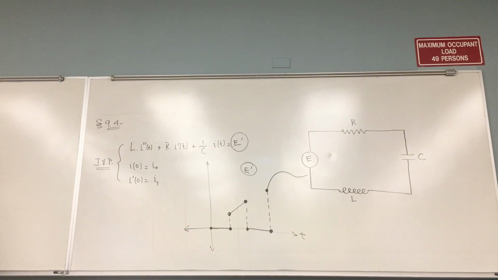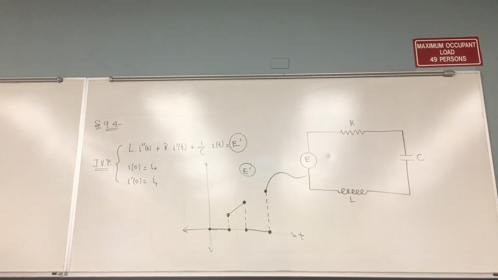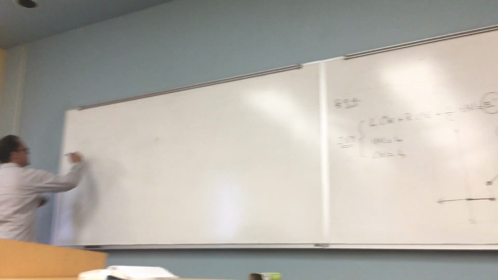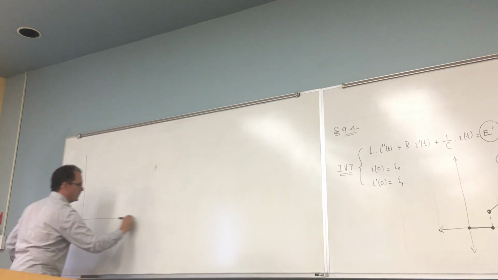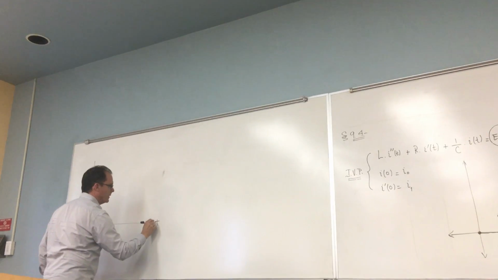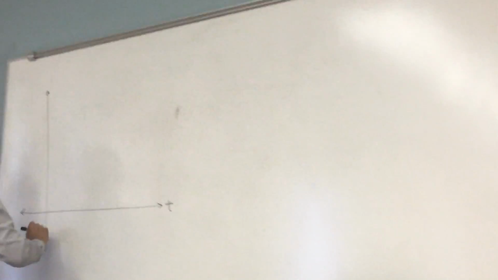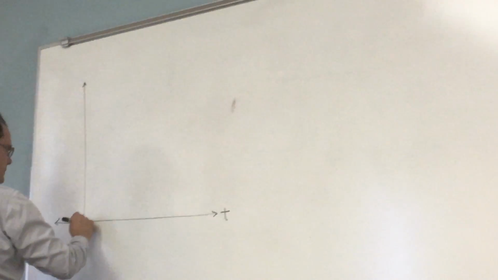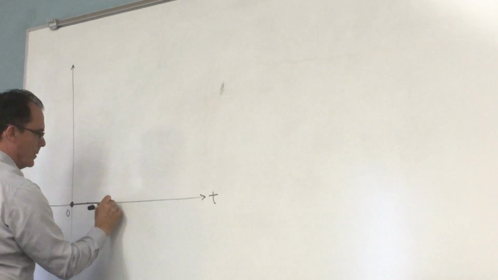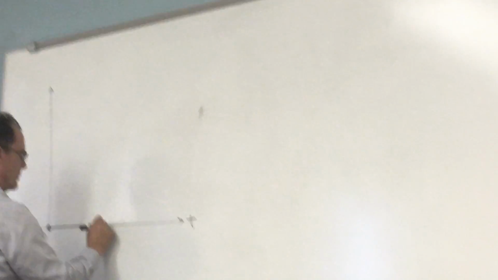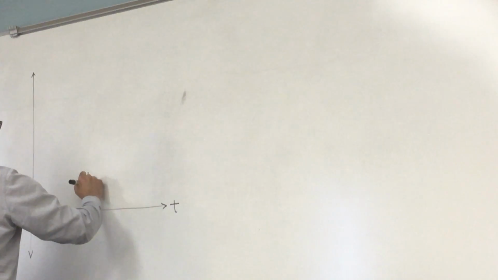So suppose, let's call this the T axis, and the vertical axis, and then it stays at 0, right, up to here, and then it jumps up to level 1.